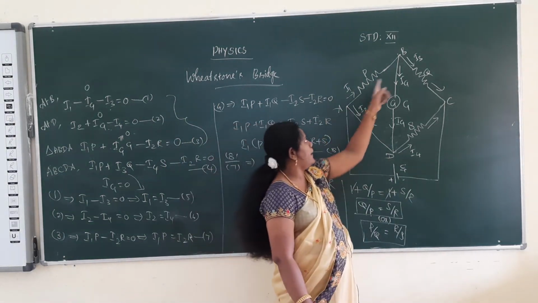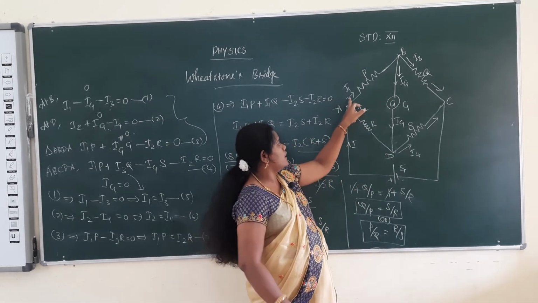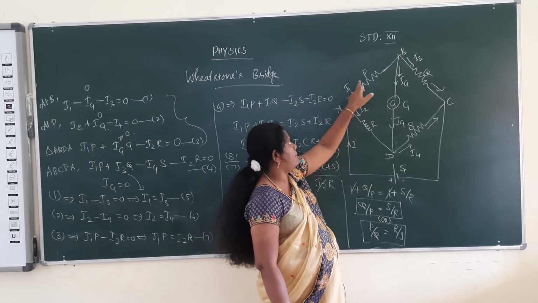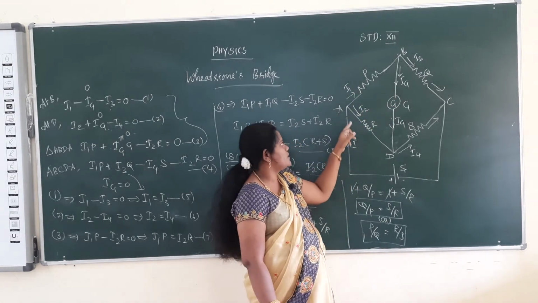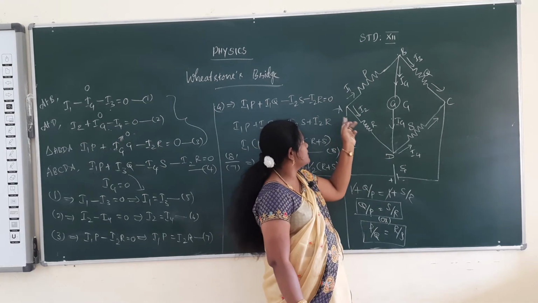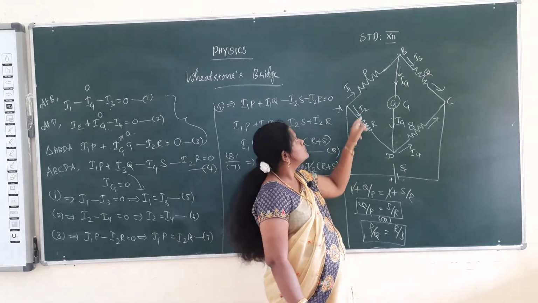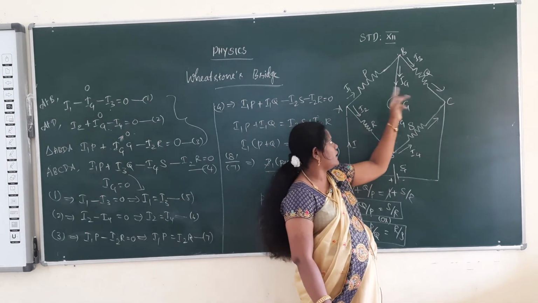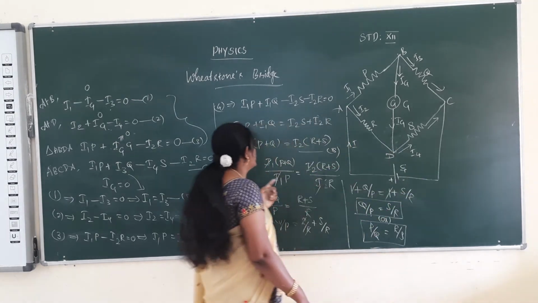Then taking the loop A, B, D, A, the triangle, Kirchhoff's second rule is used: I1P plus IG G minus I2R is equal to 0. And then we consider the full square circuit A, B, C, D, A. So I1P, I3Q, and I2 and I4 will be opposite to I1 and I3. So I2R minus I4S. Okay, this is the fourth equation.